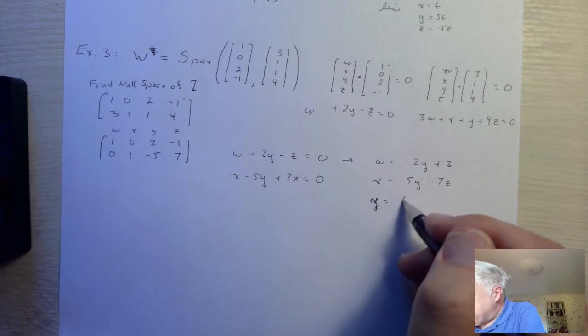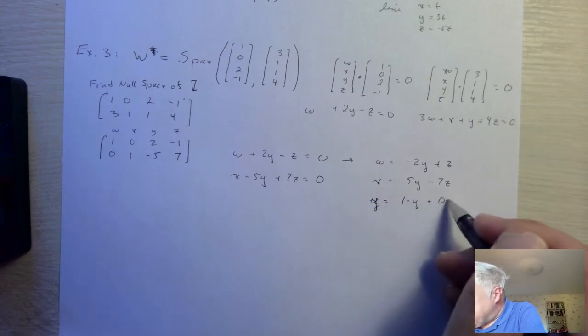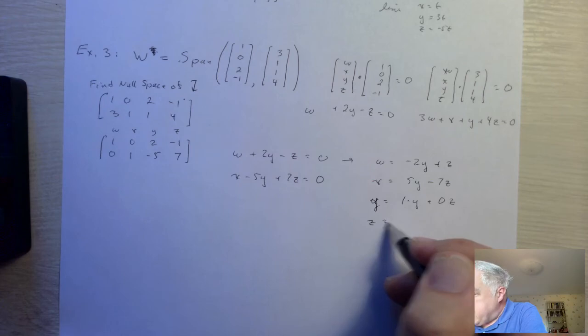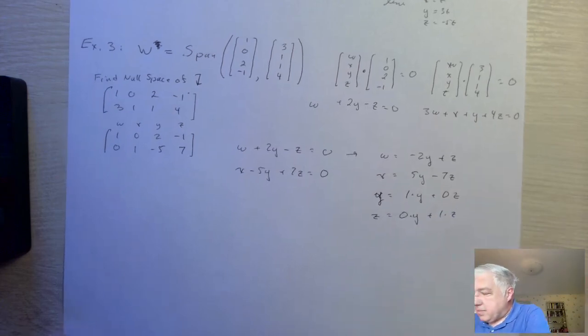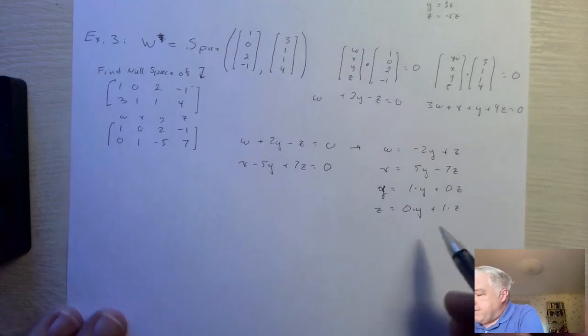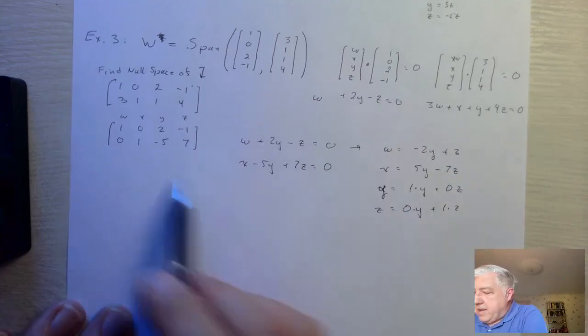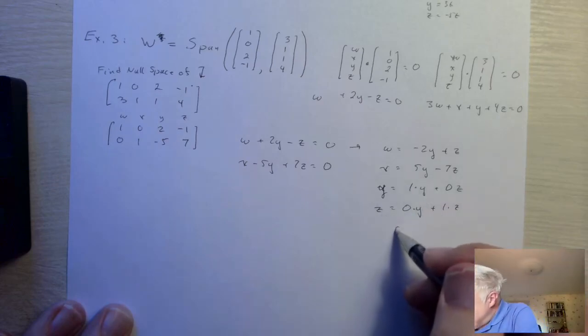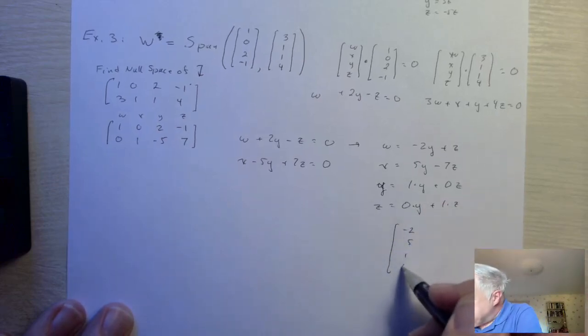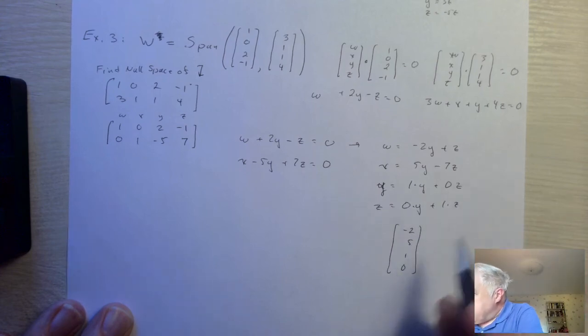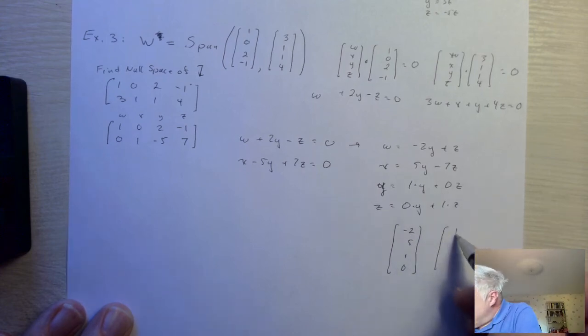y can be written as 1 times y plus 0 times z, and z can be written as 0y plus 1z. Okay, so we can see that everything in the null space of this matrix is going to be a linear combination of the vectors (-2, 5, 1, 0) and (1, -7, 0, 1).